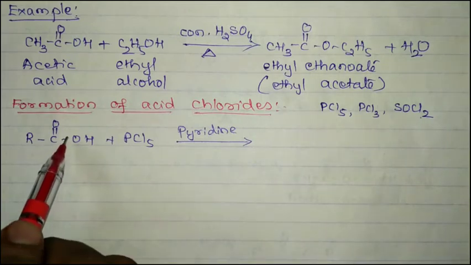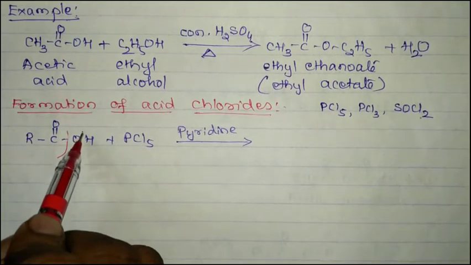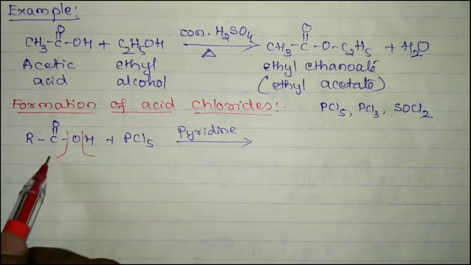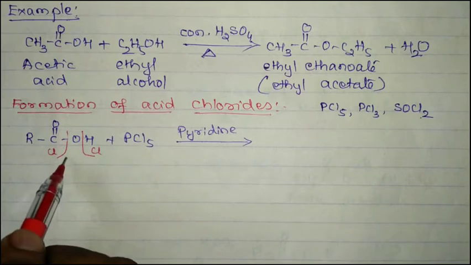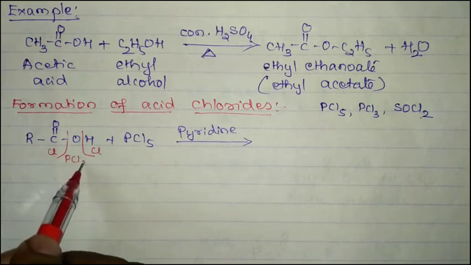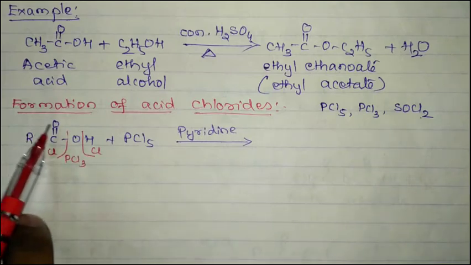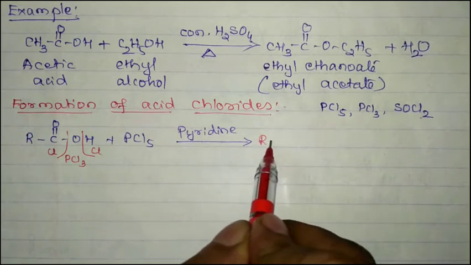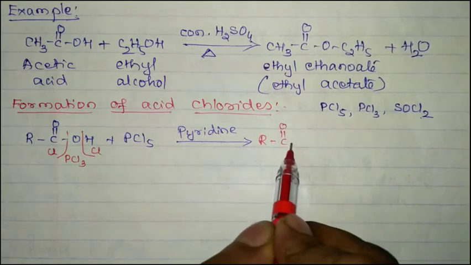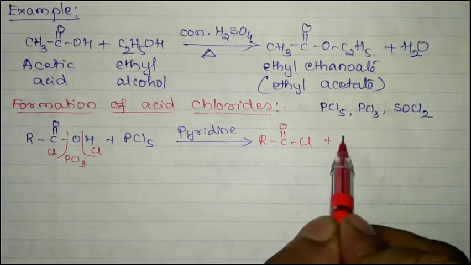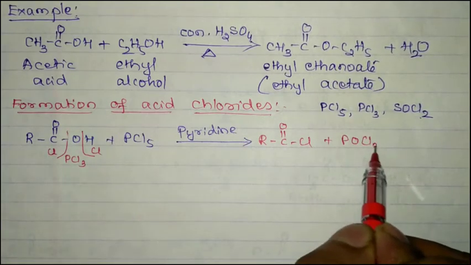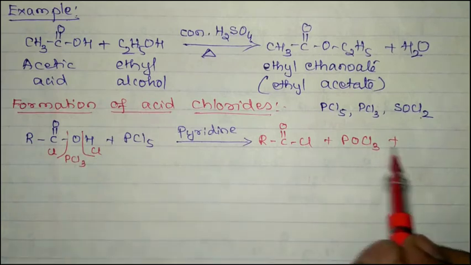Here we can follow a simple technique to write the product. Break this PCl5, write one Cl here, another Cl here. What is left? PCl3, write down PCl3 here. Then the product is RCOCl, acid chloride, plus POCl3, phosphorus oxychloride, plus HCl.